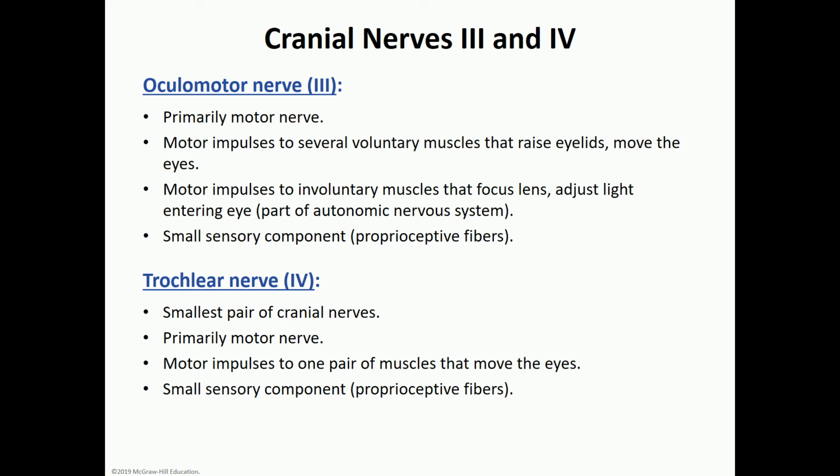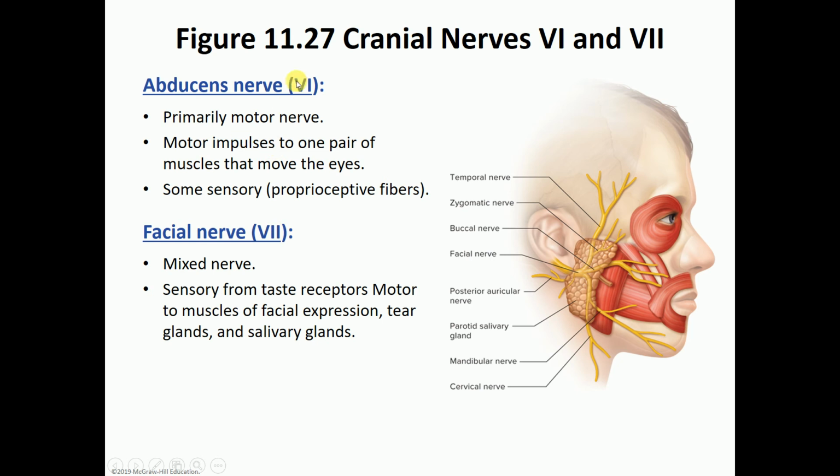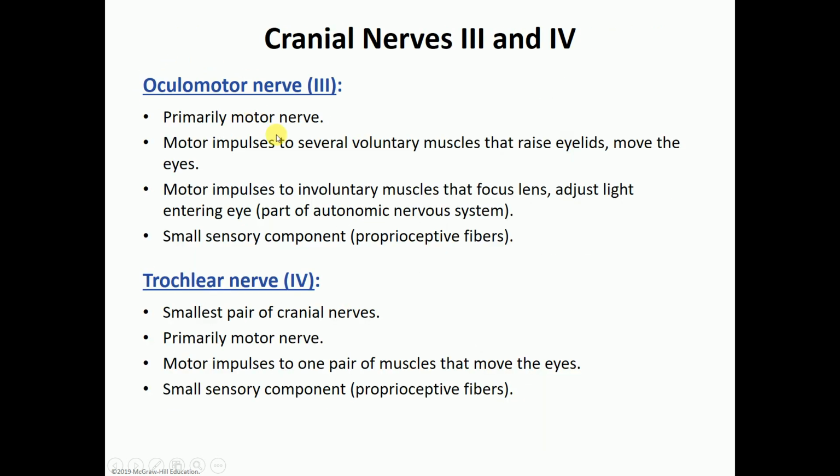So now we know 3, 4, and 6, and I'll name them for you. Cranial nerve number 3 is known as the oculomotor, or the motor of the eye. Cranial nerve number 4 is known as the trochlear nerve. And cranial nerve number 6 is known as the abducens nerve. Like I said, all 3 are primarily motor, innervating muscles of the eye.